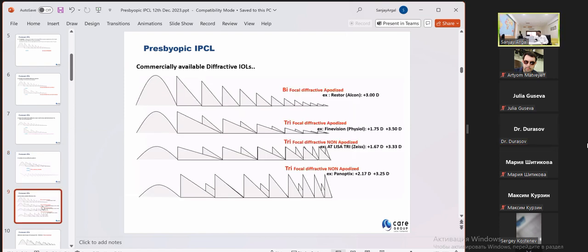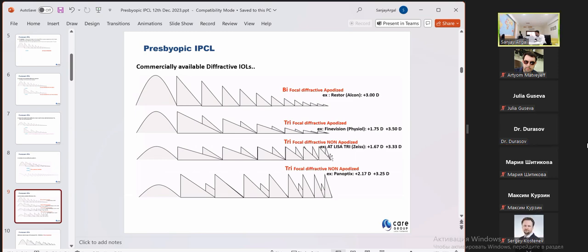And these are the common bifocal and trifocal lenses. So the first structure is a bifocal lens. This is the Alcon Restore design. And the second is the trifocal Physiol FineVision.